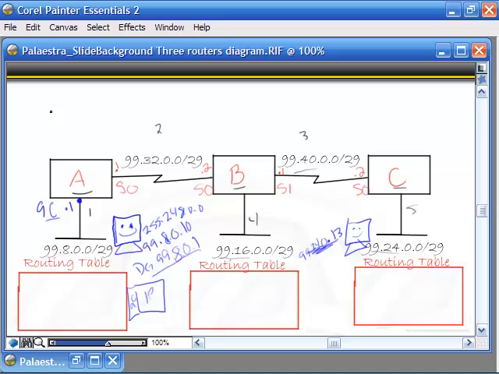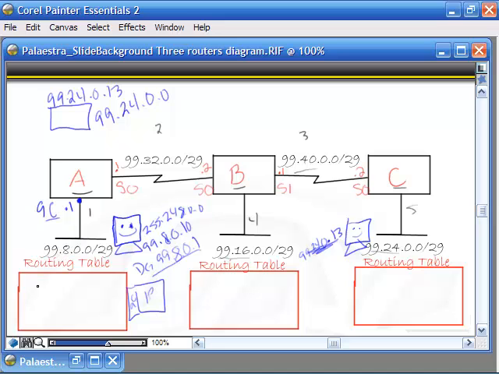The router gets the envelope, opens it up, and sees a destination IP address of 99.24.0.13. He goes, hey, where the heck is that? Compares it to the subnet mask and says, all right, that's got to go to the 99.24.0.0 subnet. Let me check my routing table.